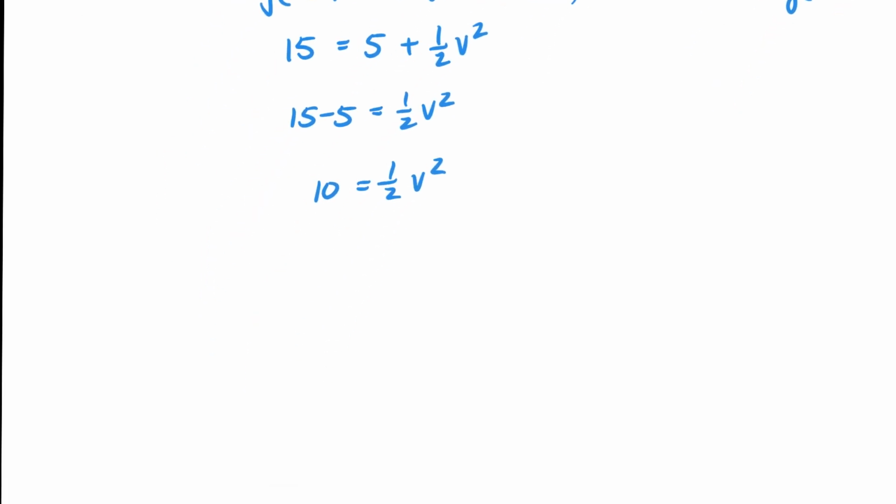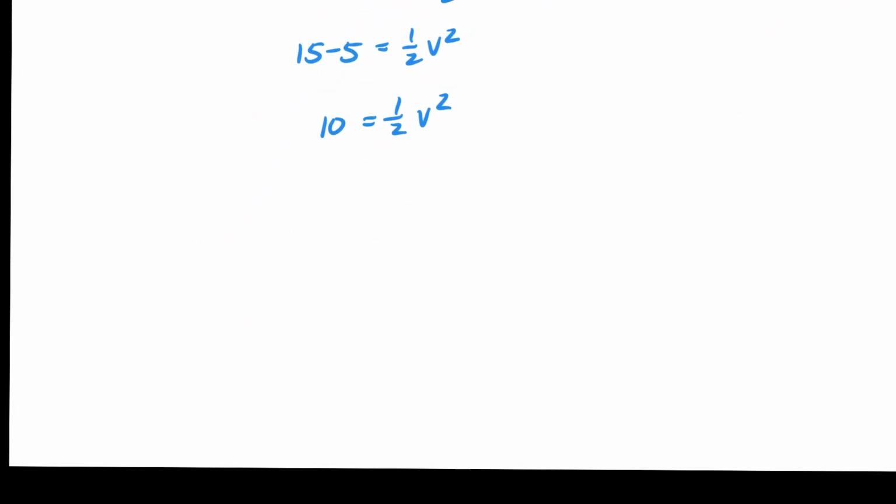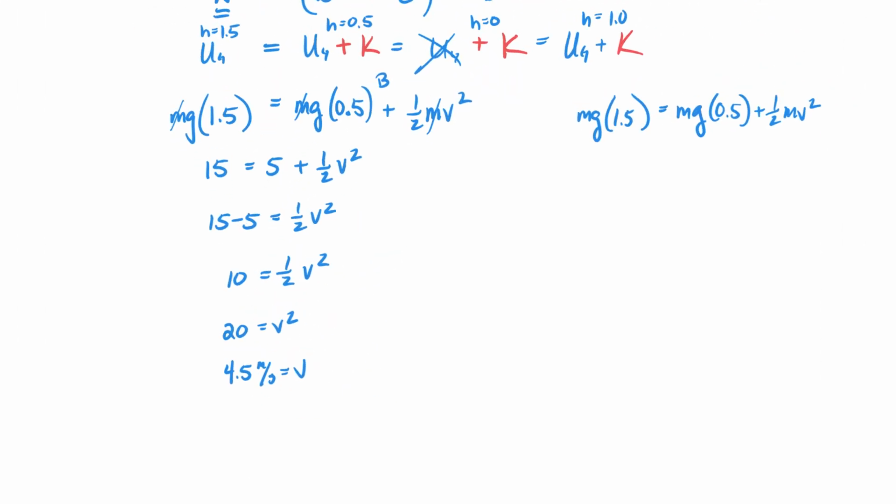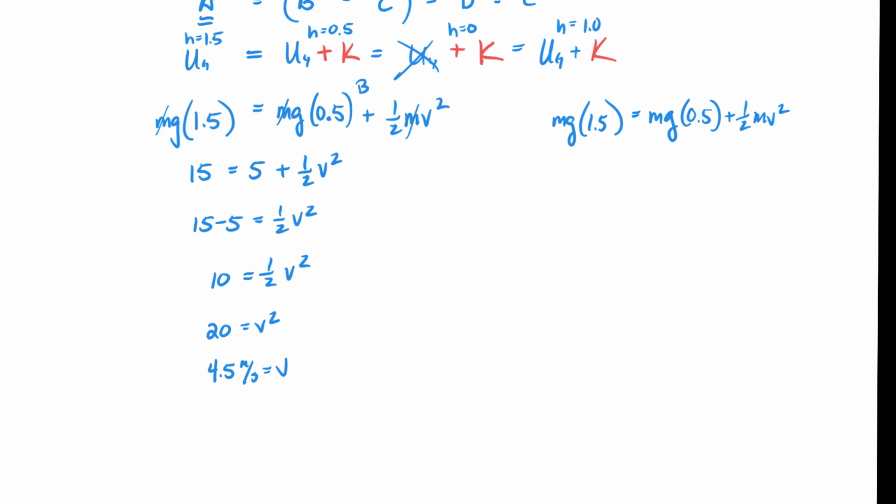I will multiply both sides by 2, and then I'll take the square root of both sides. That better? Okay. Now, do you see any reason for us to repeat that at C? Or just say this is the velocity at B and it's the velocity at C. That okay? All righty. Let's go on to the next part of this.